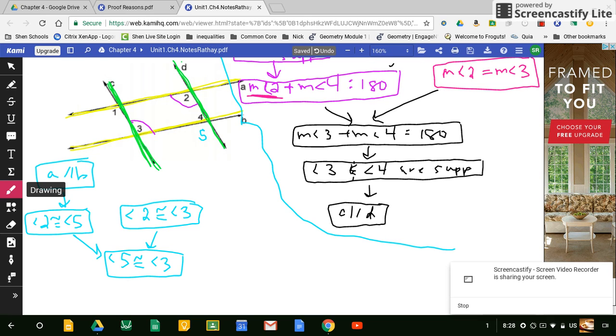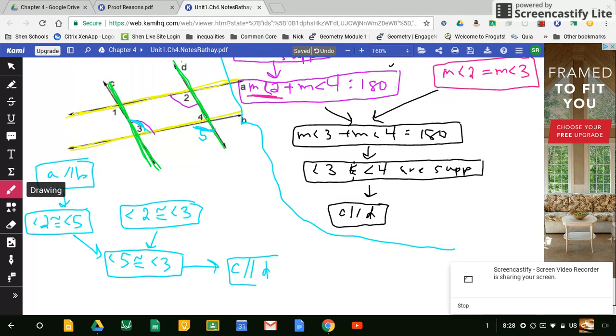And if we look at 5 and 3, those are alternate interior angles for the green lines. So that takes me directly to C is parallel to D.